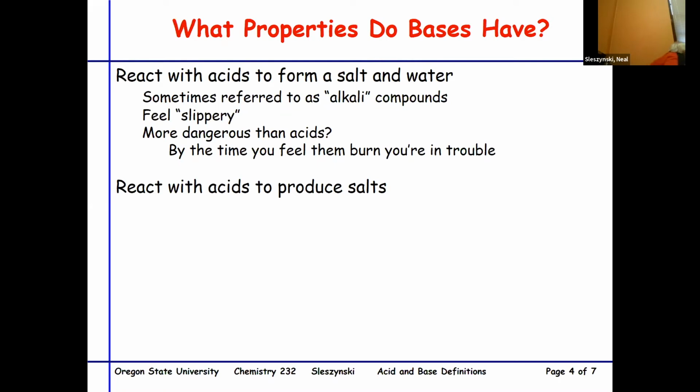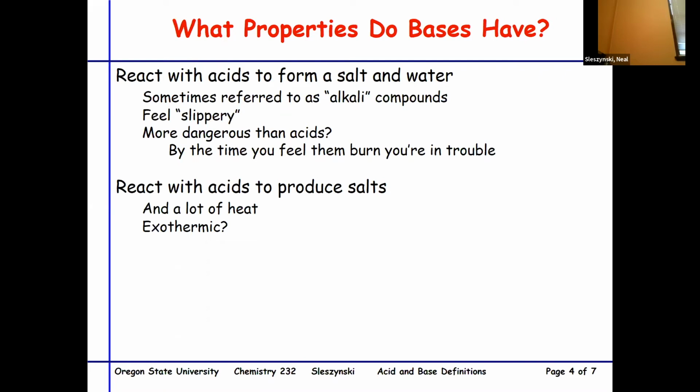As we said, bases react with acids to produce salts, and hopefully we know or instinctually know that those acid-base reactions often produce a lot of heat. In the laboratory, we have to be very careful if we're adding acids and bases together, because these reactions are exothermic. Exothermic means that the reaction is releasing stored energy to the surrounding environment.